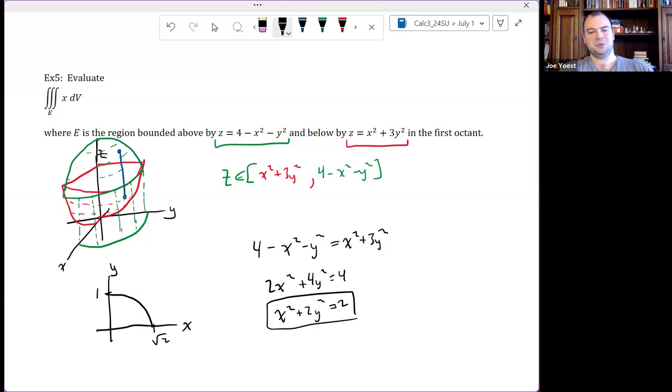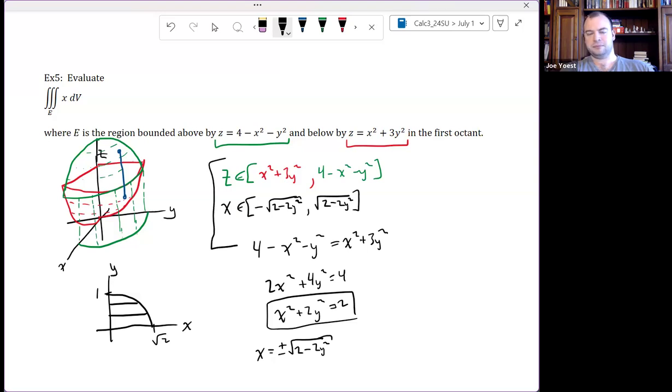And I suppose just because the y squared has a factor of 2 in it, maybe I'll let x go from minus to plus square root of 2 minus 2y squared. So I'm integrating this direction first. And then I'm going to add up those cross sections. I'm going to integrate over y from 0 to 1.